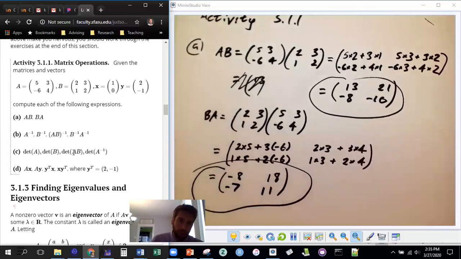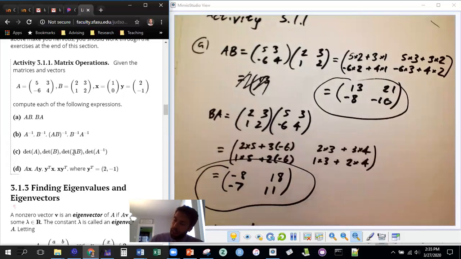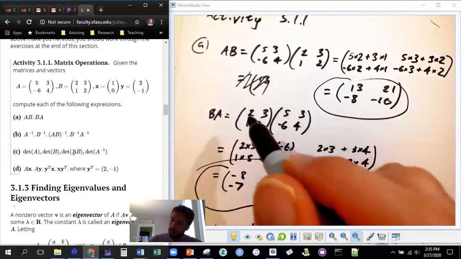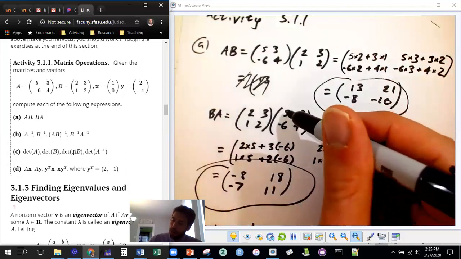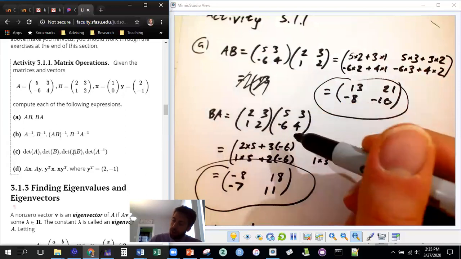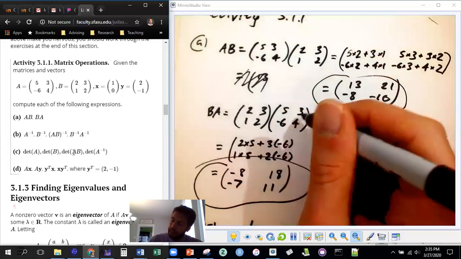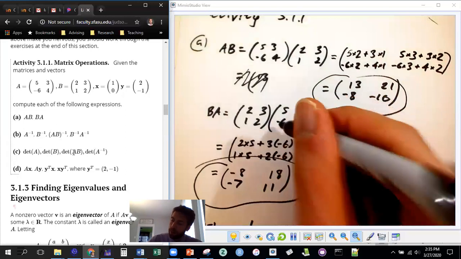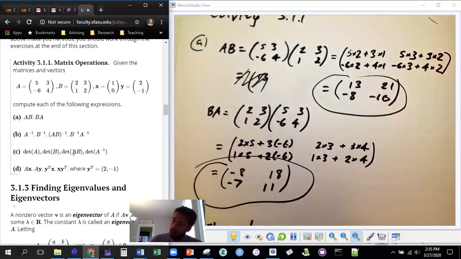All right, now part B. Oh boy, we got to find a bunch of inverses. A inverse equals 1 over ad minus bc. A is right here: 1 divided by this diagonal minus that diagonal. This diagonal is 20, minus negative is plus, so plus 18, over, and then swap the diagonal and make the off diagonal negative.